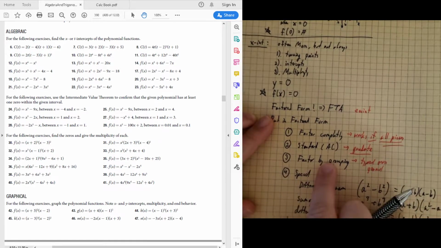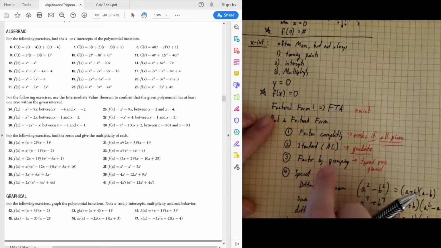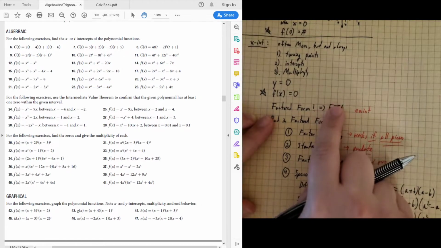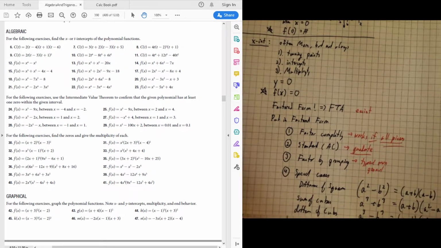We could have to do factor by grouping and then do one of these other ones. We could have to factor completely out of everything and then factor by group and then do the factored form. There's so many different ways you can do these problems. You have to be paying attention to how they all fit together. You can usually see some patterns if you're willing to try them out, but in general, you have to be willing to try out each one of these steps in a given problem and say, is there something I can factor to everything?